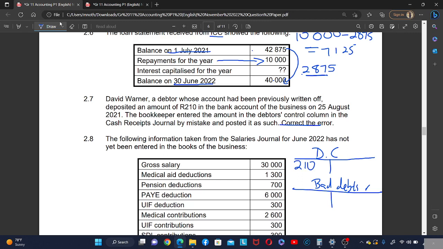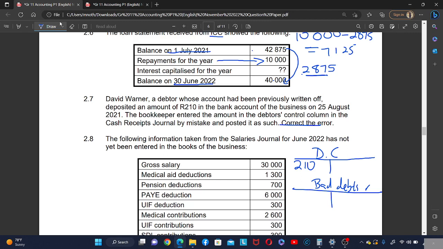The reason we're increasing the debtors control is because this 210 was recorded in the debtors control as if a debtor is paying us, while in our books this is no longer our debtor because he was previously written off. So this was supposed to be recorded in the bad debt recovered.